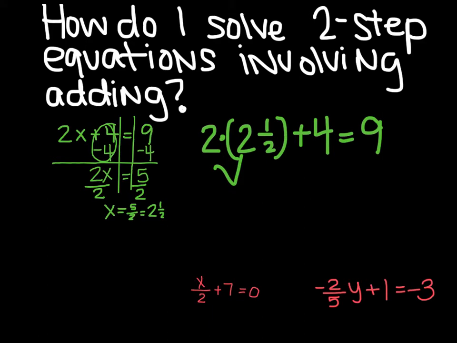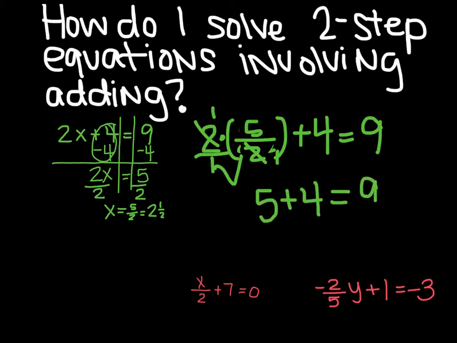And I actually probably would use, instead of 2 1/2, I would stick with my 5 halves, because that's going to make multiplying easier. Okay, so this cross simplifies. And I have 5 plus 4 equals 9 now, and 9 equals 9, so I know I did the problem right.